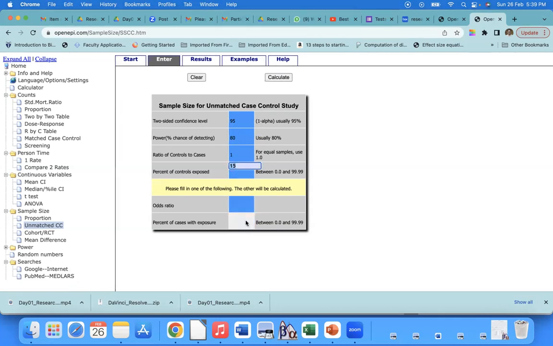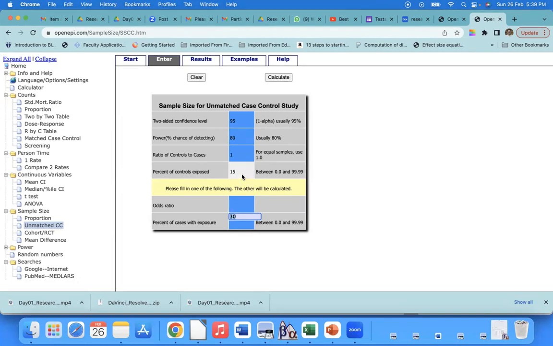Now you have to put the percentage of cases with the exposure, the percentage of cardiovascular disease patients who smoke. You put 30. So the percentage of controls with the exposure is 15%, and the percentage of cases with exposure is 30%. In a case control study, we have only these two parameters.